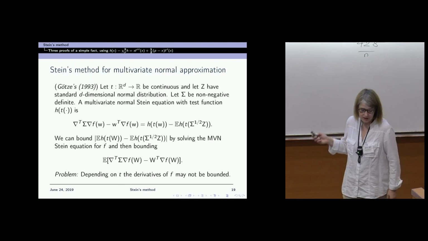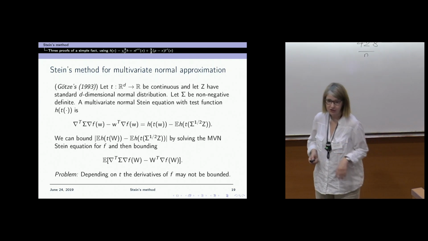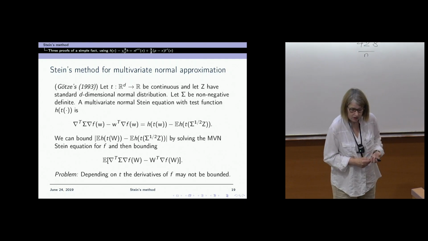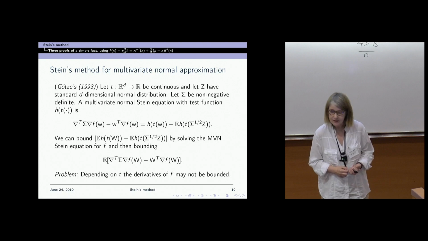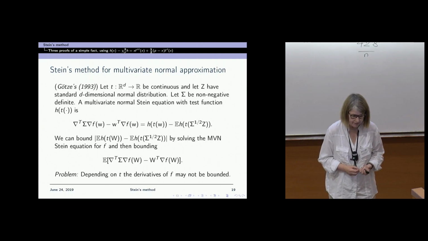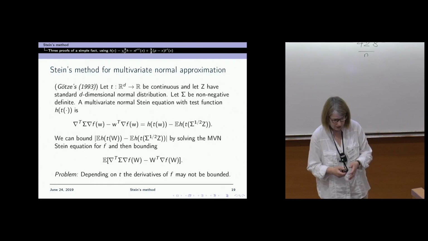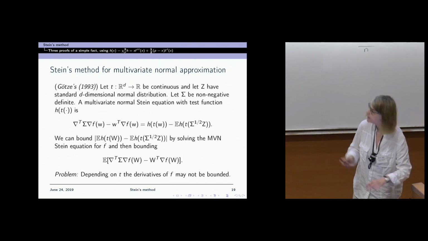So this is Götz's version of the multivariate normal approximation, Stein's method for the multivariate normal. You have a continuous function from R^d to R, and Z is a standard d-dimensional normal. Sigma is non-negative definite, and then we've got a multivariate normal Stein equation with the test function h.